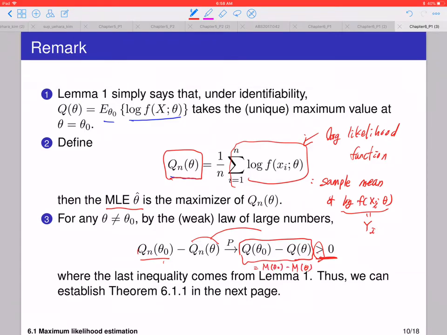So that means Qn zeta null will be larger than Qn zeta with probability converging to 1.